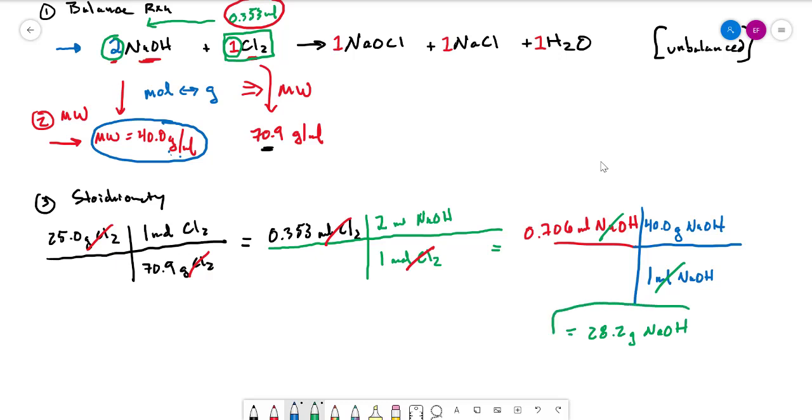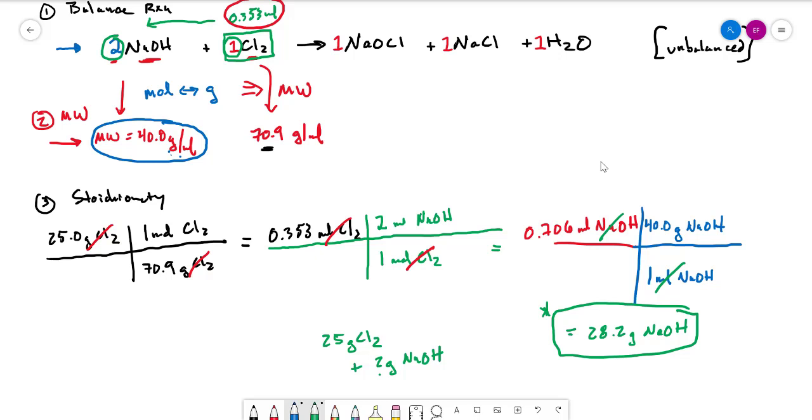So if we go back to the original question, the question was we had 25 grams of Cl2, and that was going to react with some unknown gram of NaOH, and we knew that it was going to react in a 2-to-1 molar way, and we used stoichiometry to compute what that actual mass was.